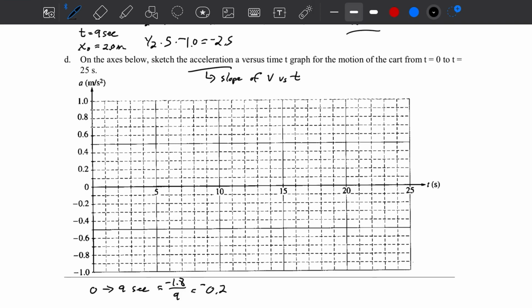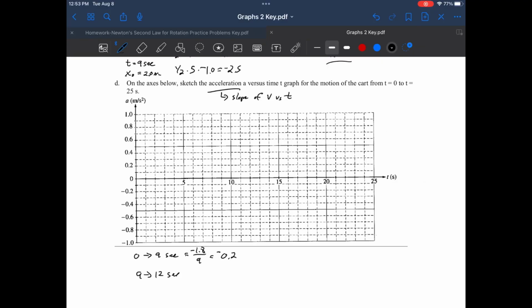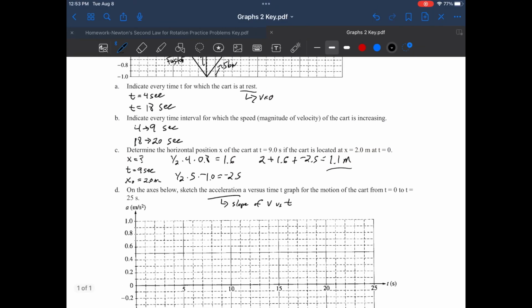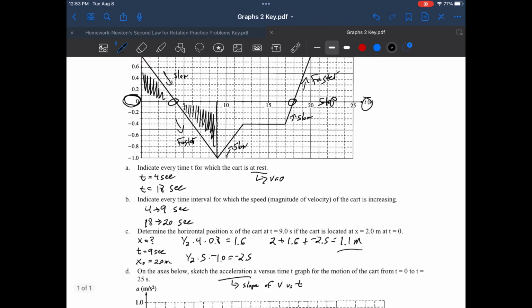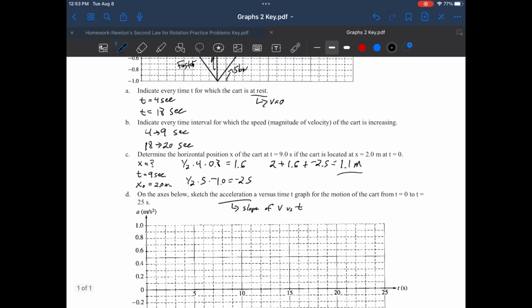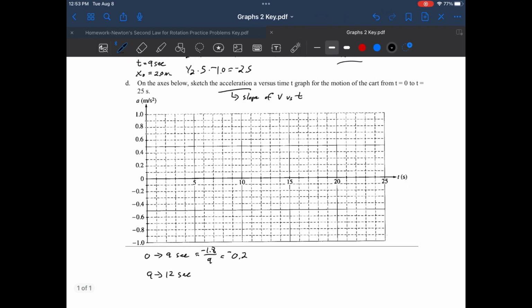We can look at the second line segment, which goes from 9 seconds to 12 seconds. We can see it goes from -1 up to -0.4, so it rose 0.6, and it took 3 seconds for that to occur. So the change in y over change in x is 0.6 over 3. The next line segment is from 12 to 17 seconds. It has 0 slope because it has 0 rise, so it's a 0.